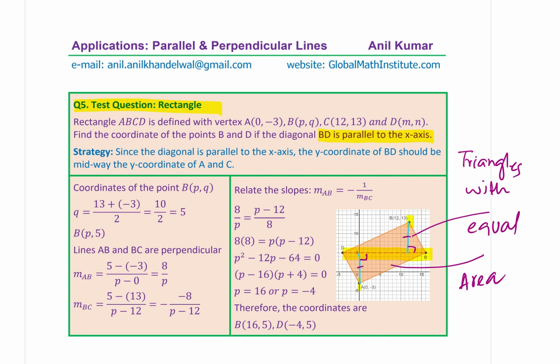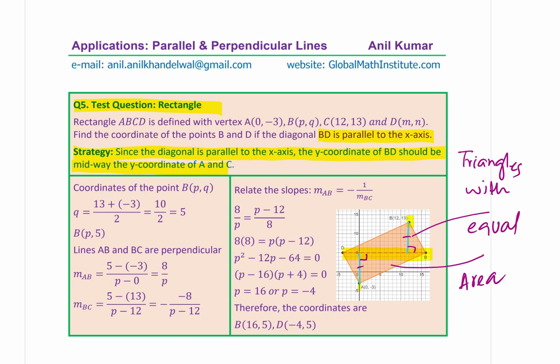Exactly. Do you understand? That is why we are given this strategy here, and that makes sense: since the diagonal is parallel to the x-axis, the y-coordinate of BD should be midway between the y-coordinates of A and C.